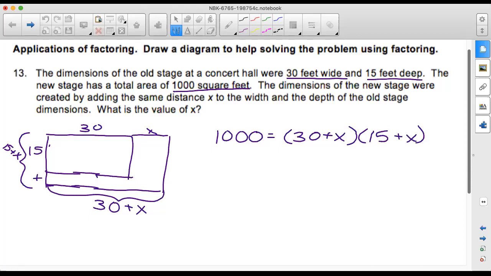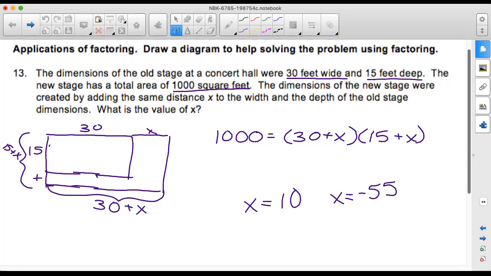Riley, go ahead. Foil it. Yeah, we foil this right side. And then what should we do with that 1,000 once we foil? Yeah, we want to get it to equal 0. When you do that, we know how to foil. We would end up getting x equals 10 and x equals negative 55.